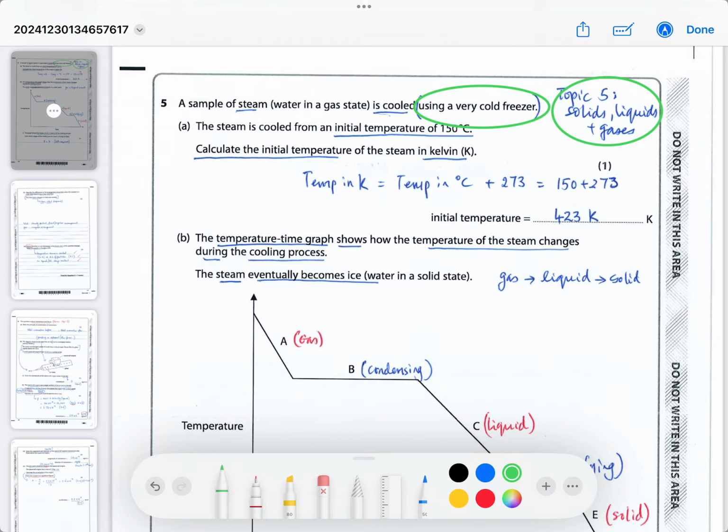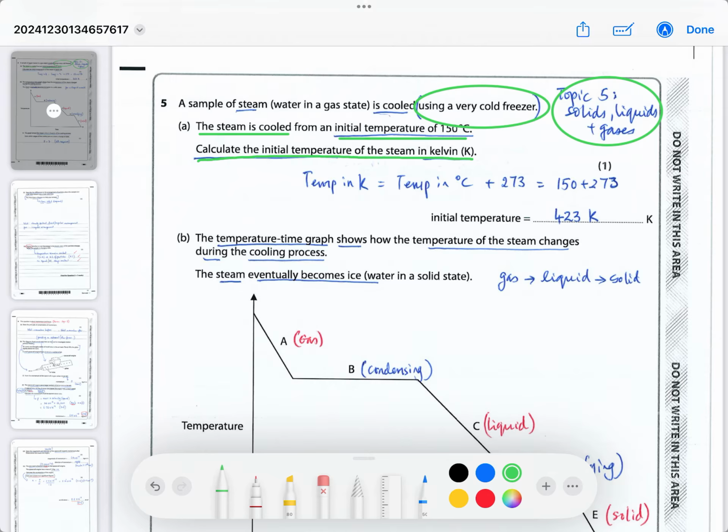Okay, so the steam is cooled, so we're taking energy out of the steam using this very cold freezer from an initial temperature of 150 degrees centigrade. Calculate the initial temperature in Kelvin.